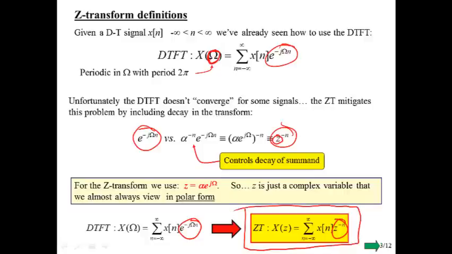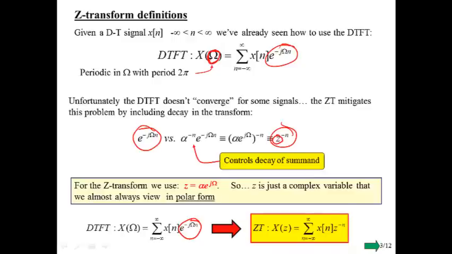And so now this thing will converge for a much wider range of signals. There are some that this still won't work for, but for virtually everything that we need to worry about for real-world engineering, this is perfectly suitable and quite good.